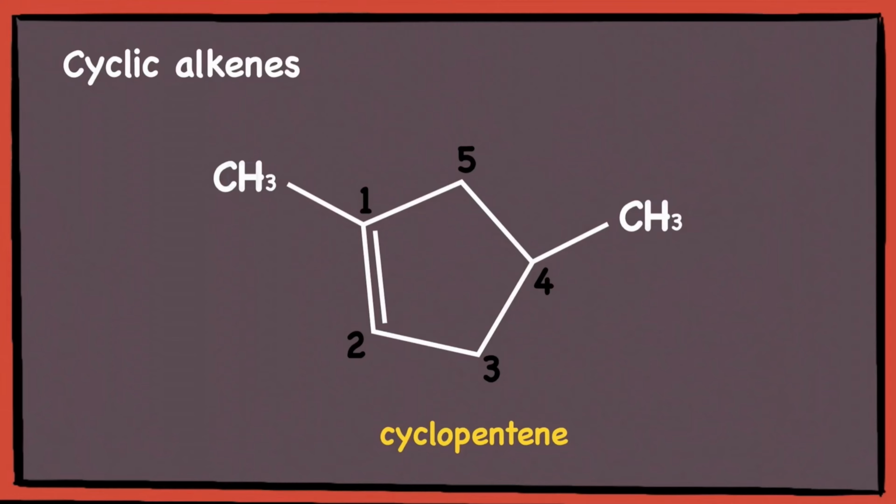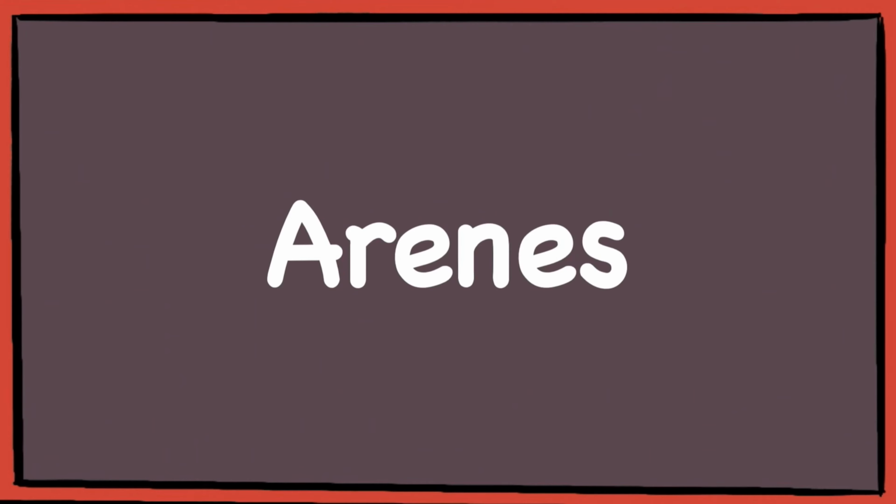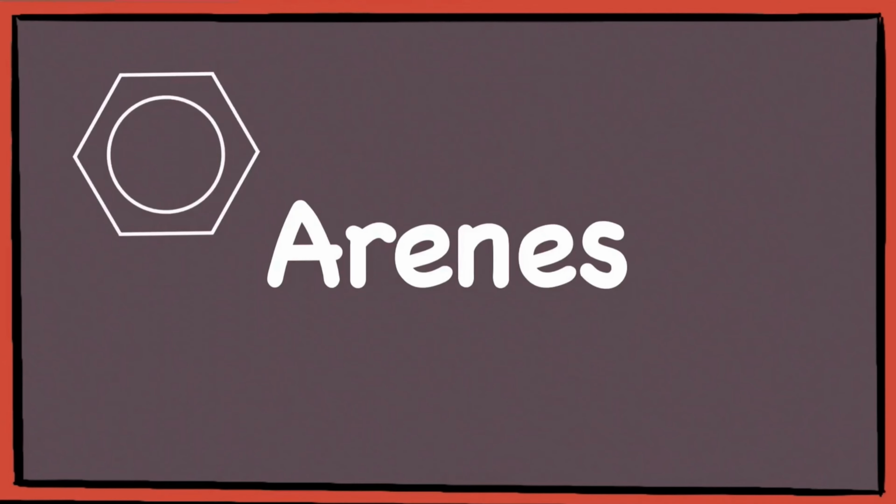Lastly, because there are 2 identical methyl side groups sticking out at positions 1 and 4 relative to the C=C functional group, the prefix is called 1,4-dimethyl. So this organic compound is called 1,4-dimethyl-cyclopentene.